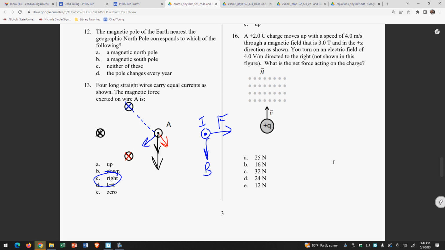Let's just do one. I'm going to erase everything on here. Let's just do this one right here. So like I said, I like to draw a little radial line because I know that if I draw that radial line, my magnetic field either has to go in this direction or that direction. It has to be perpendicular to that line.